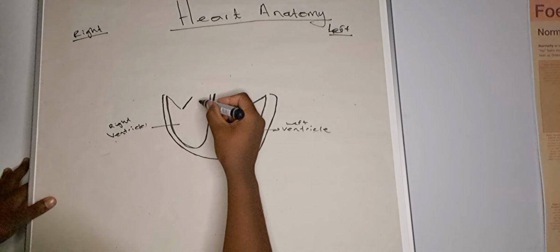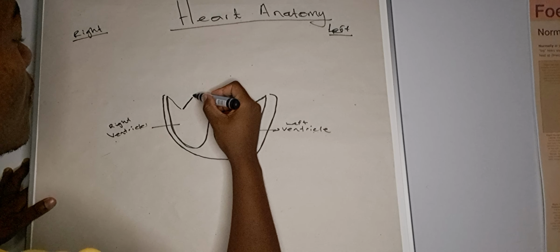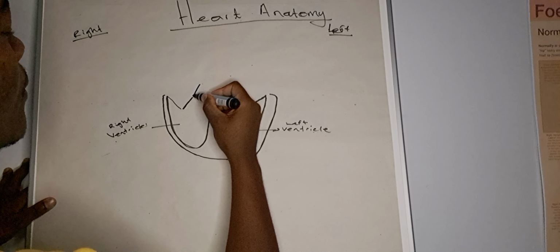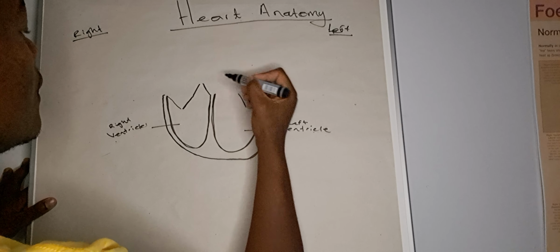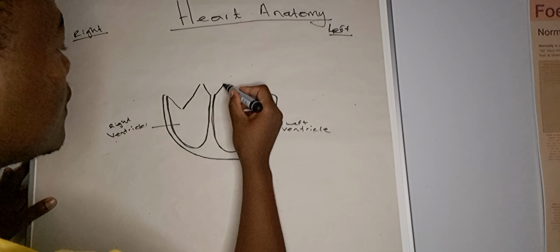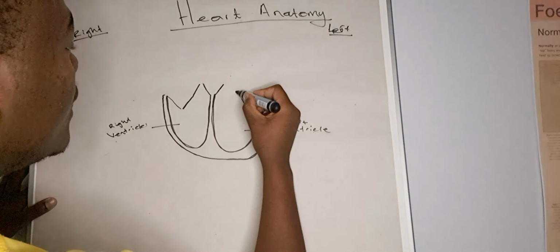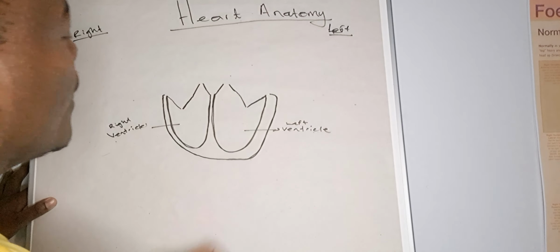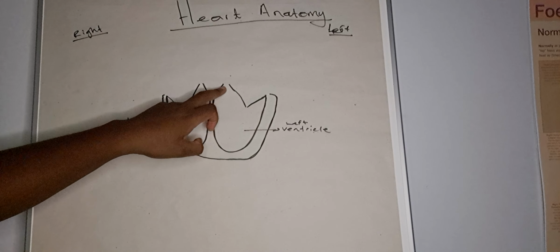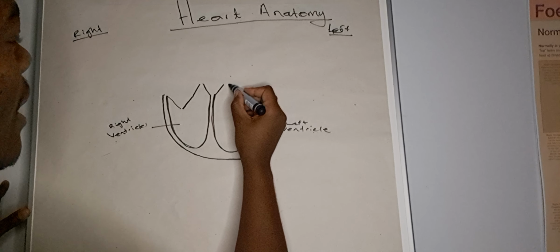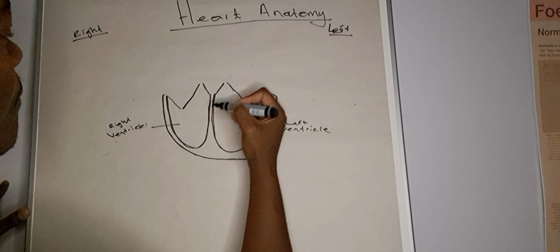So here we will have another valve facing up the way, and then facing up the way. Can you really see what is happening here? So this one gives rise to a large artery called the aorta by itself.